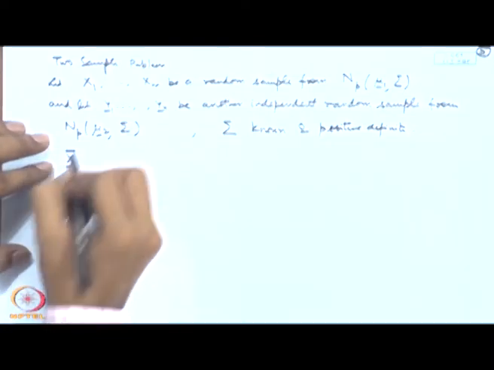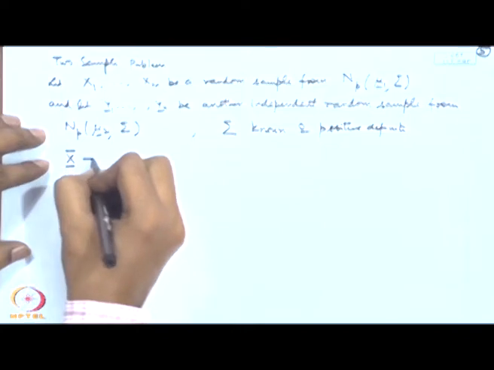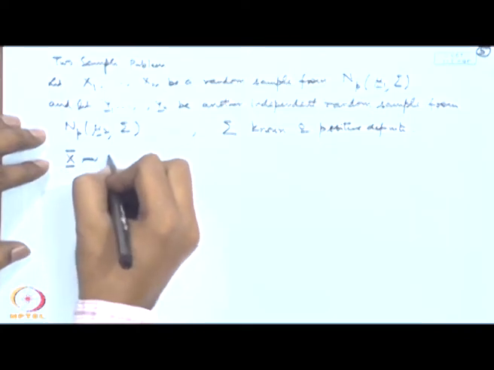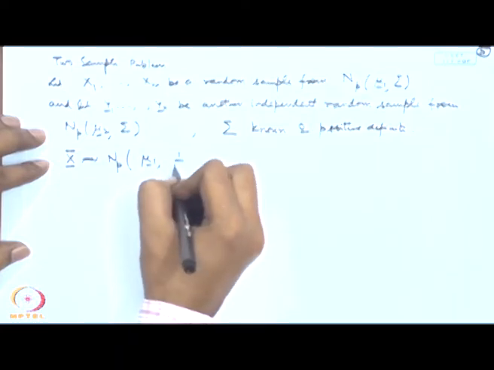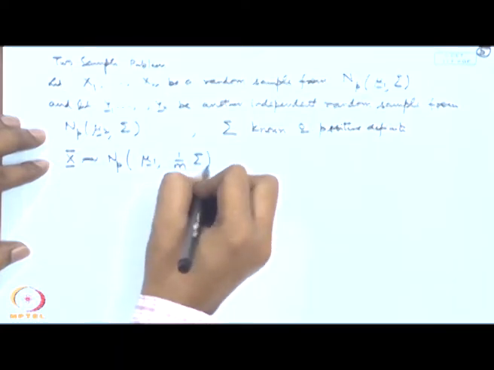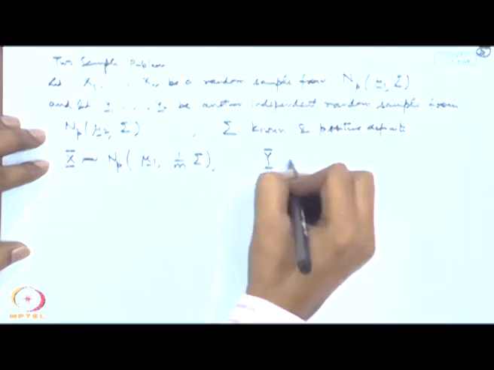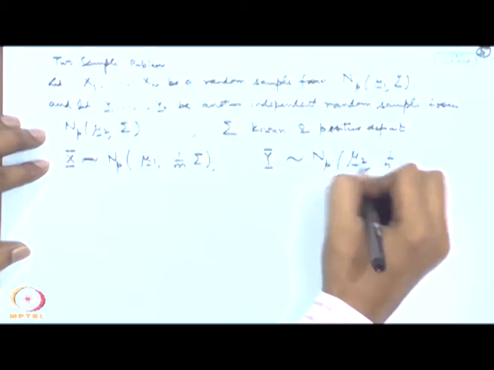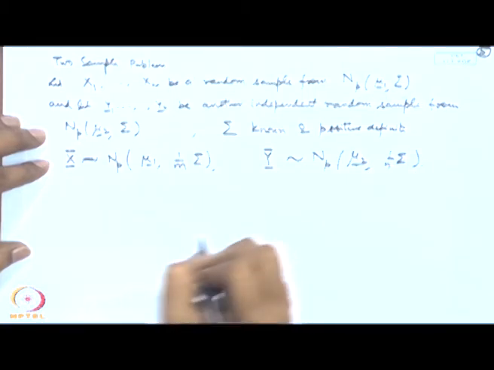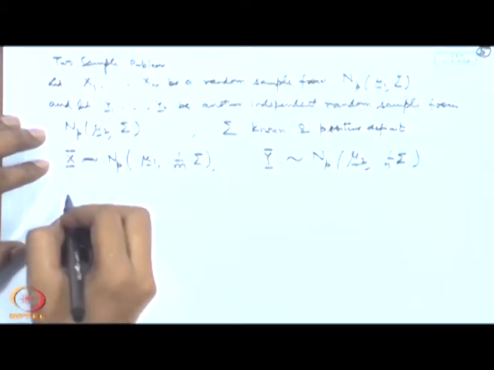Let us consider x bar. So, that will have normal N p(mu 1, 1 by m sigma). If I consider y bar, that will have N p(mu 2, 1 by n sigma). So, let us work out the distribution theory here.